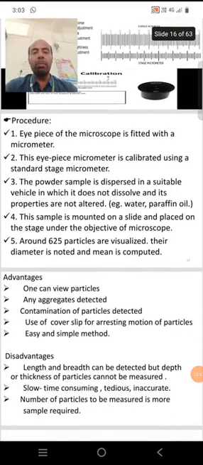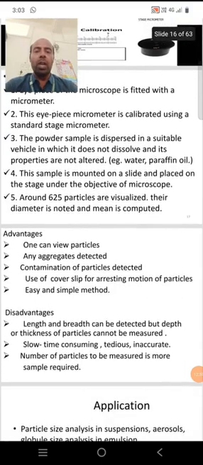This sample is mounted on a slide and placed on the stage under the objective of the microscope. Around 625 particles are visualized. Their diameter is noted and the mean is computed.